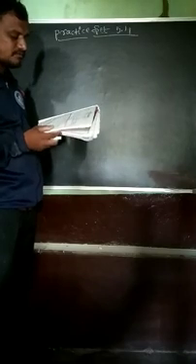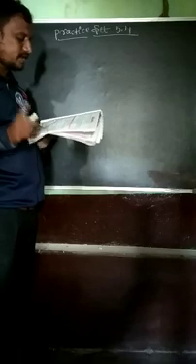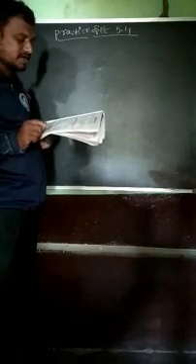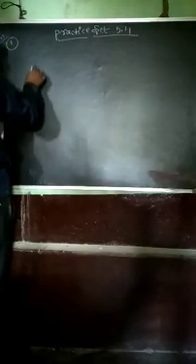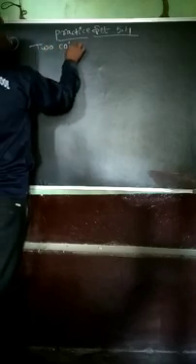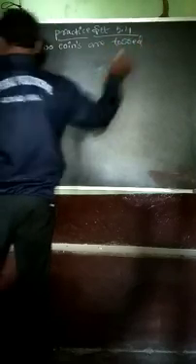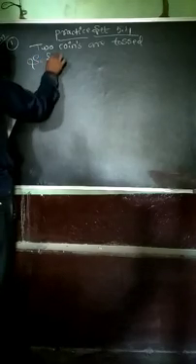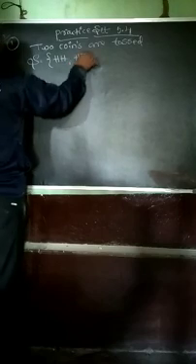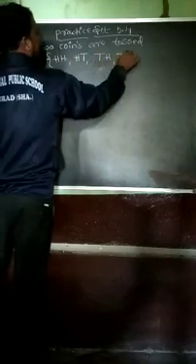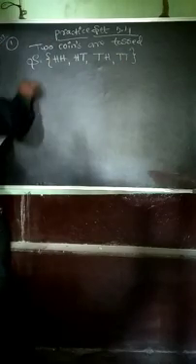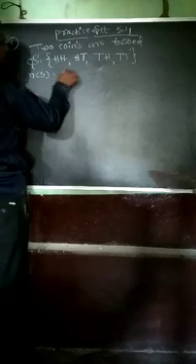If two coins are tossed, find the probability of the following events. The first event is getting at least one head, and the second is getting no head. So when two coins are tossed, the solution of question number 1: sample space S is equal to HH, HT, TH, TT. Head and tail will come, outcomes. So n of S is equal to 4, right?